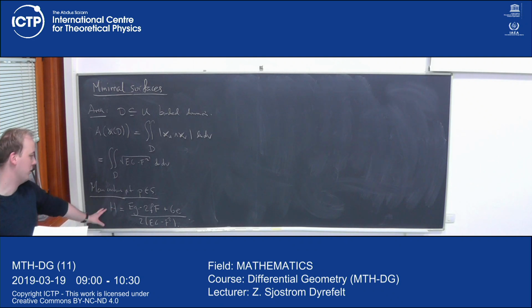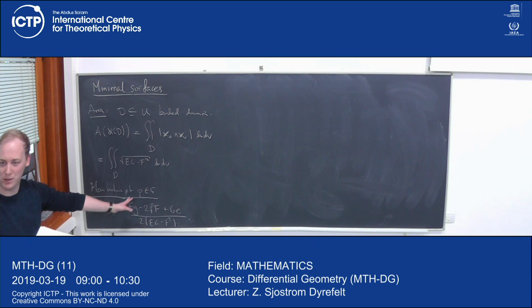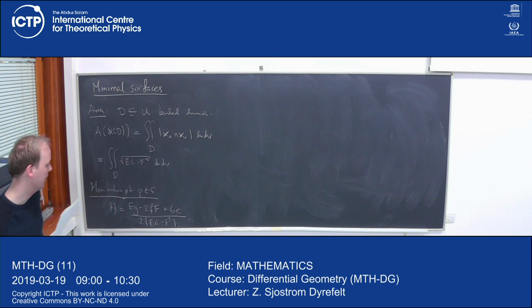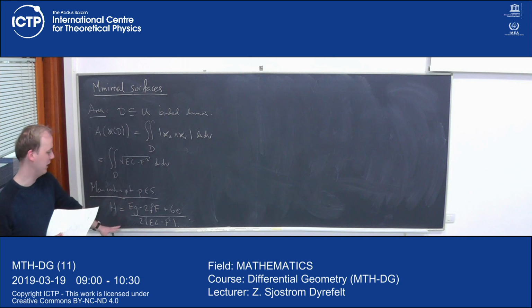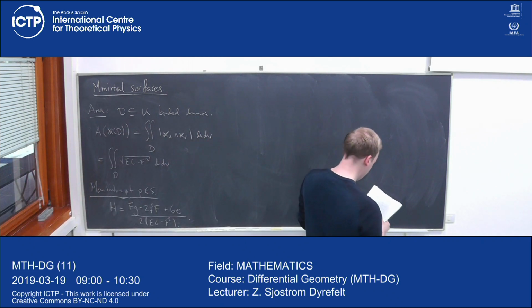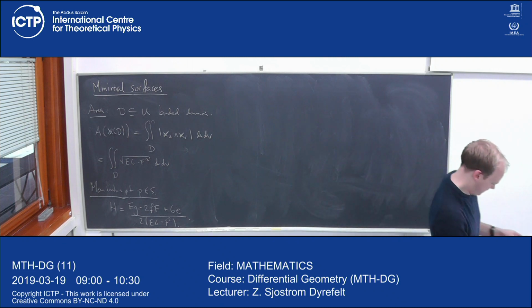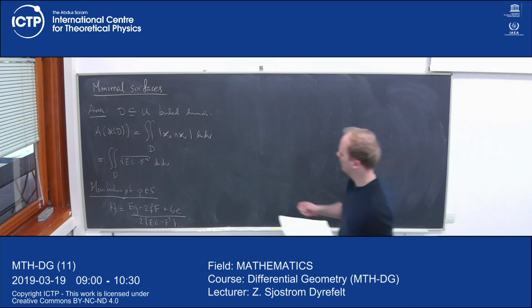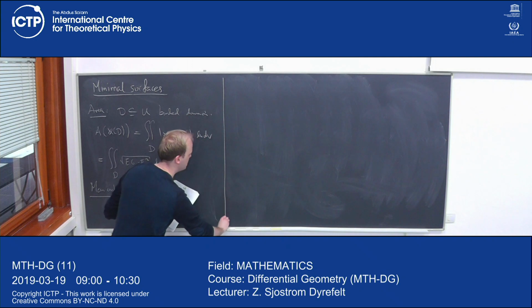But then you can compute it in local coordinates using only these coefficients of the first and second fundamental form, and then you get this expression if you do the exercise properly. You will see that these things will be the same thing. Okay. So now let's get on with the definition.